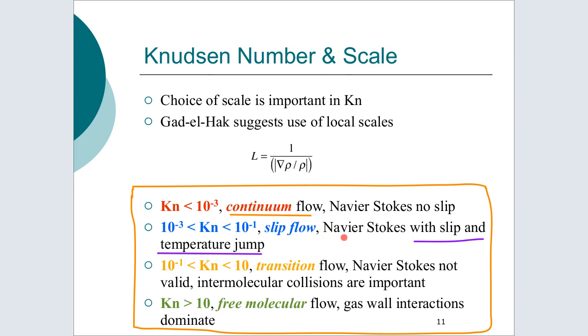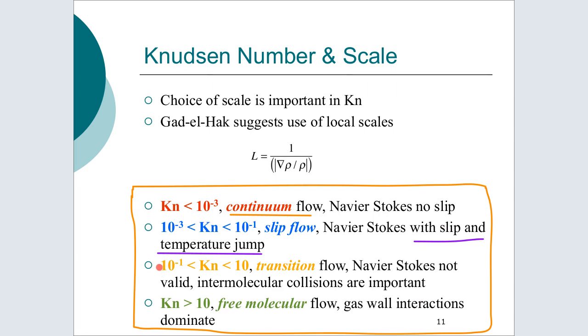So what we're doing is we're still using the continuum approach, but we're modifying our boundary conditions. So we're used to doing the Navier-Stokes continuum with zero velocity at the wall, but now we bring in slip into the wall. So we approximate the molecular effects with a slip length, the definition of some kind of an interaction that allows us to modify the condition at the wall.